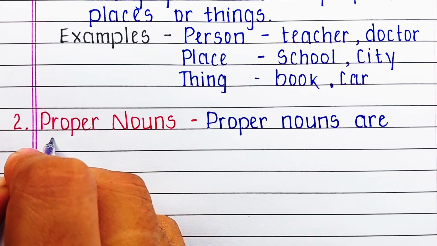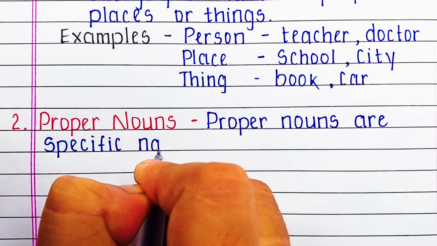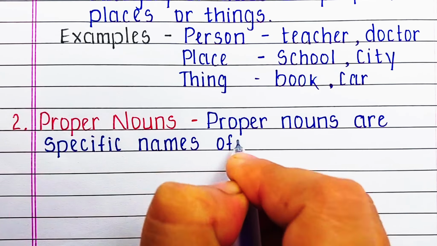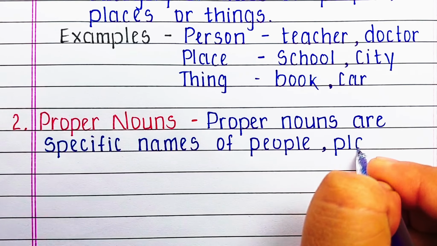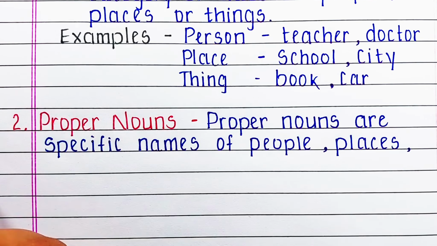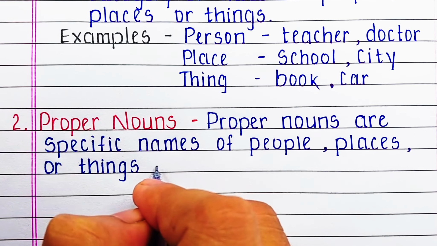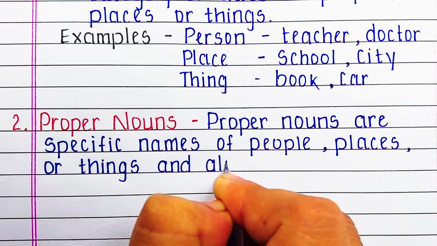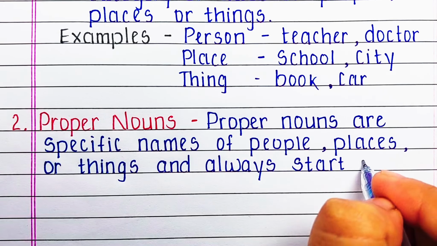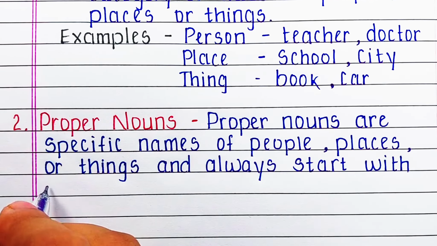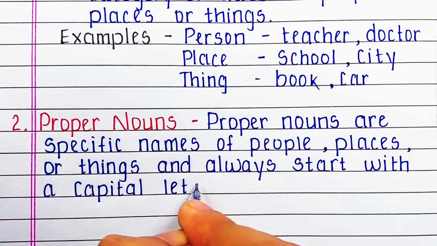The second type of noun is proper noun. Proper nouns are specific names of people, places, or things and always start with a capital letter.